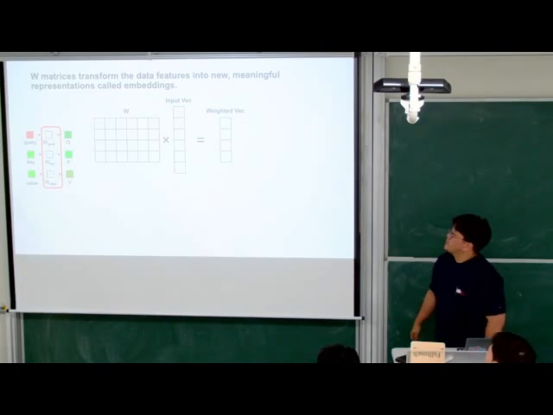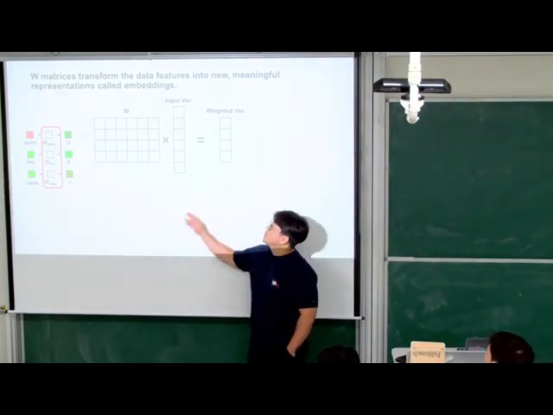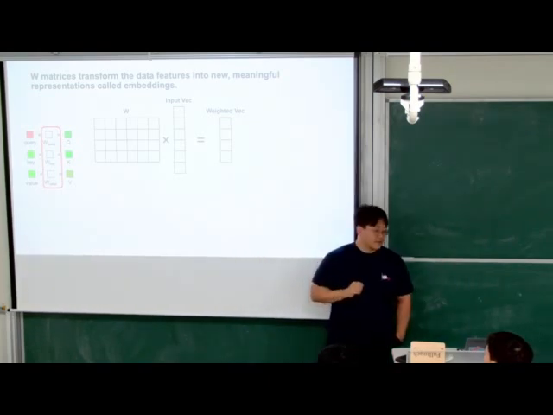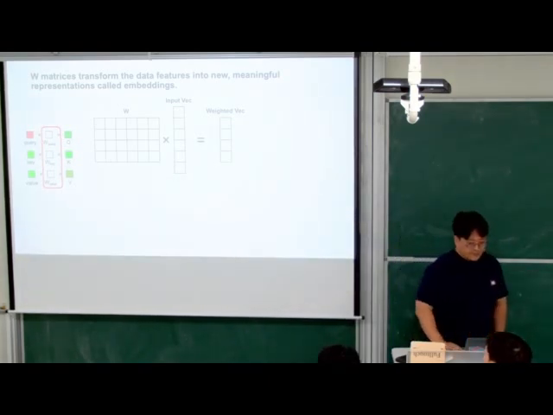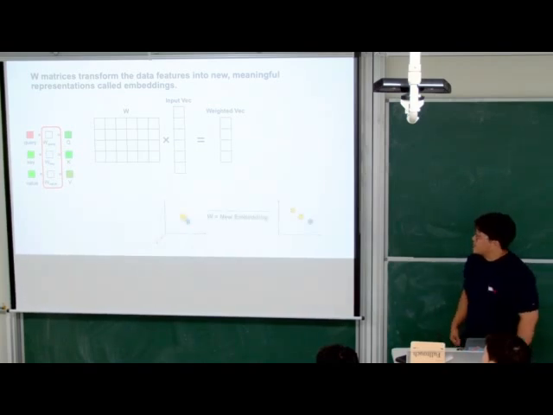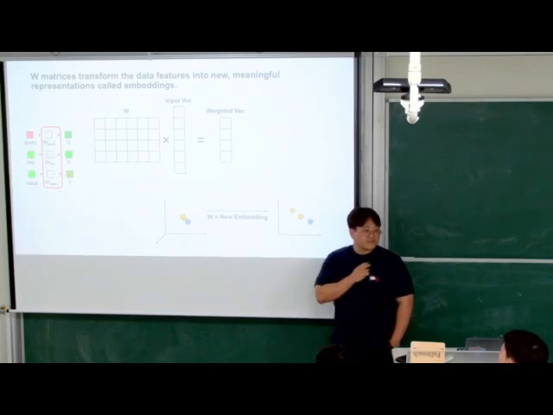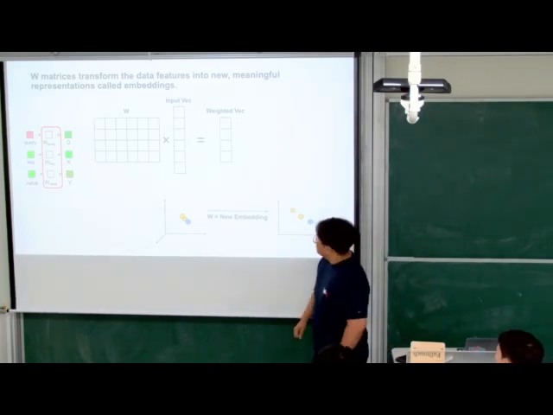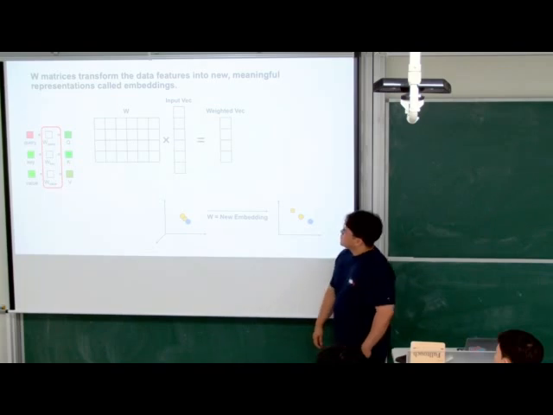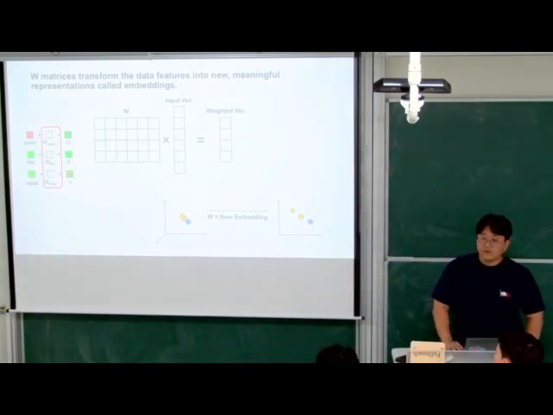After multiplying W and the input vector, we will get a new vector, right? So that is actually introducing a new space for each token, right? So yeah. So then, what is the optimal structure or shape of each embedding?